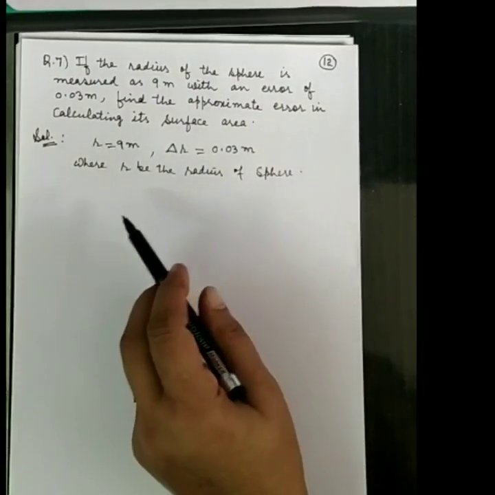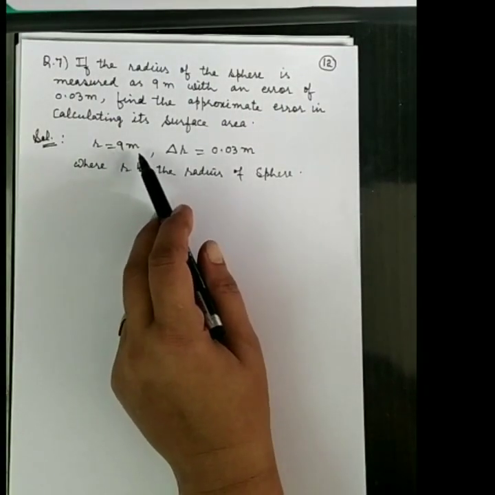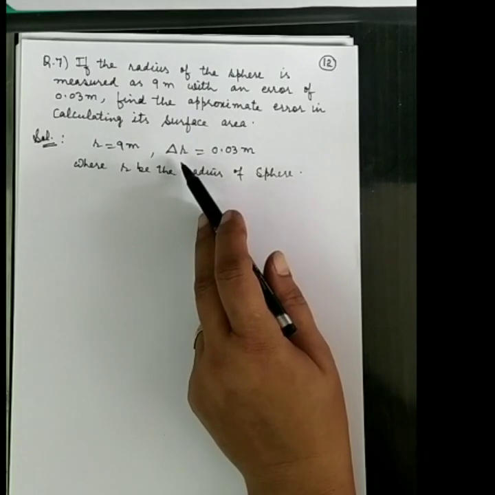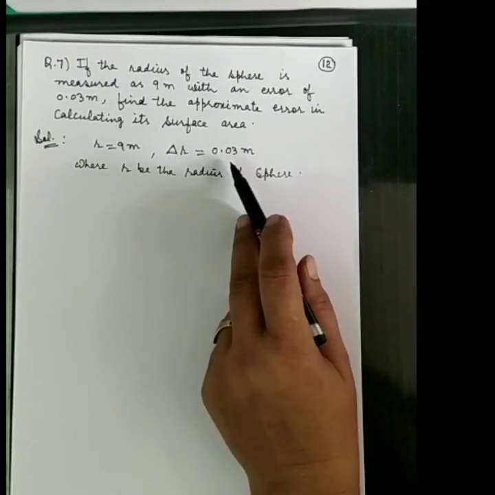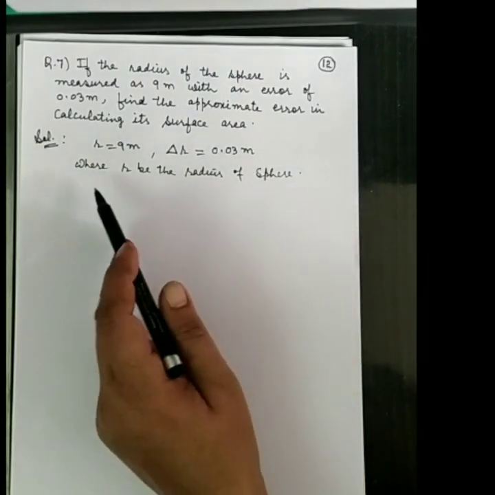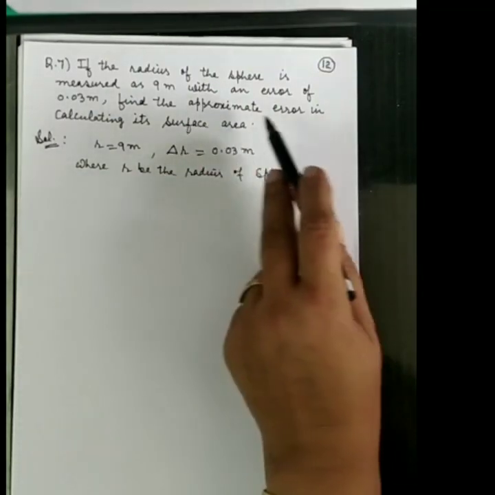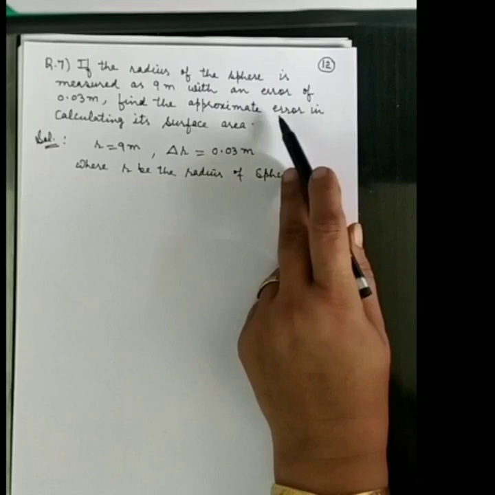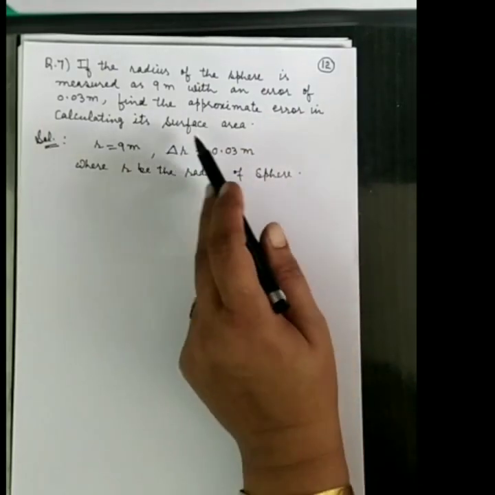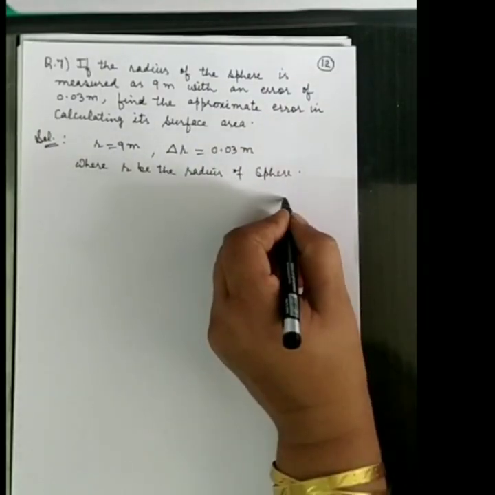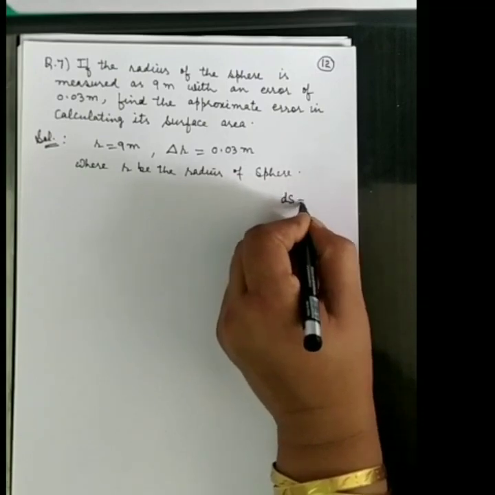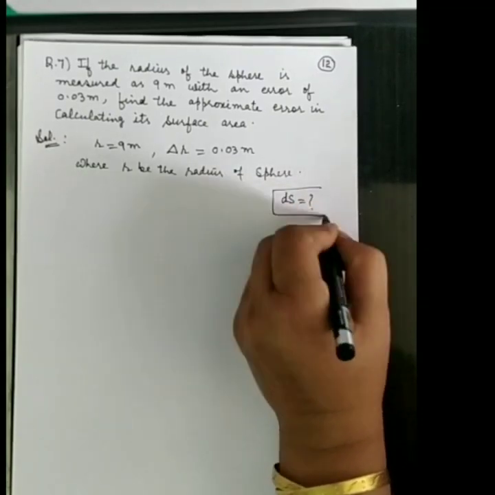Now what is given? Radius is 9 meter and change in radius delta r is 0.03 meter, where r denotes the radius of the sphere. Now you have to find the approximate error in calculating its surface area, means dS you have to find.